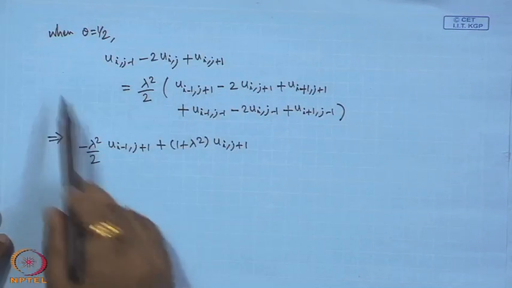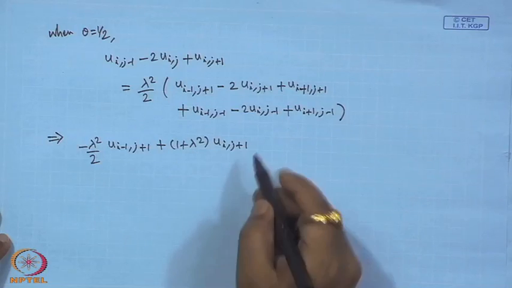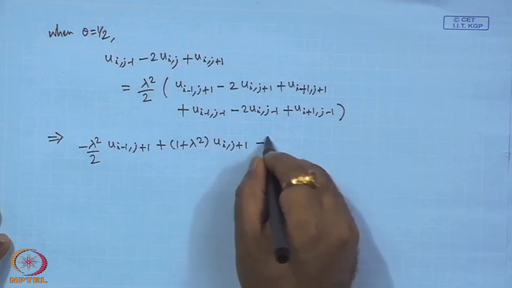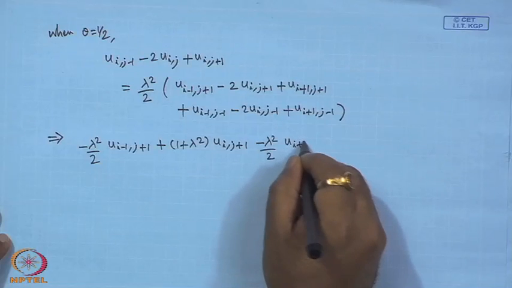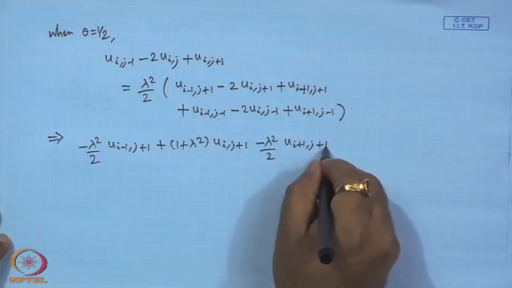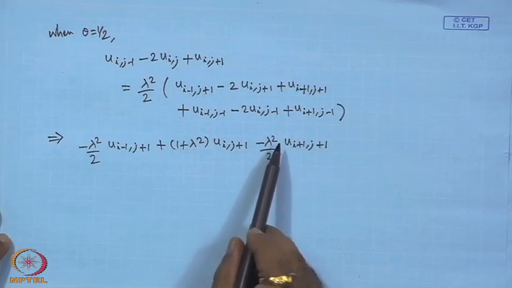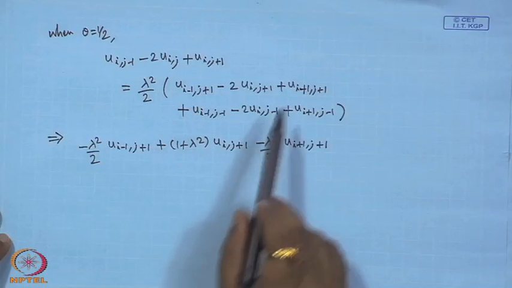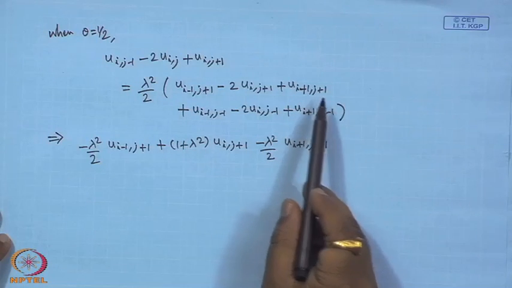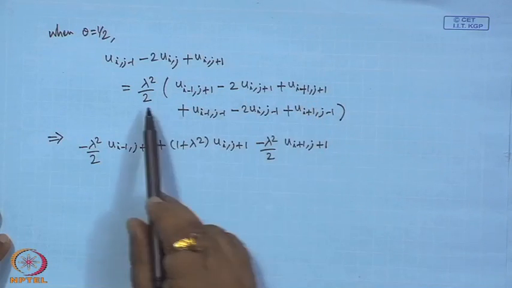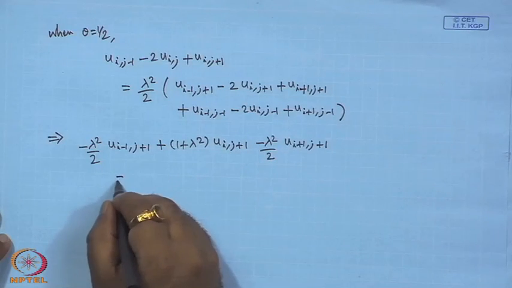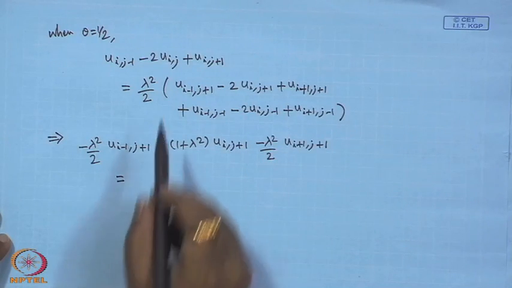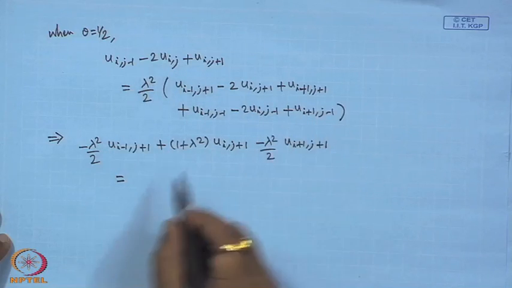So, when it is to the left plus lambda square. Then I plus 1 j plus 1 is also the only term. So, minus to the left hand side. So, this is equals, this we are pushing to the right hand side.